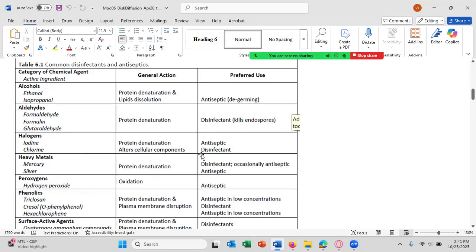Heavy metals like mercury and silver were not used for a while in medicine, but their use has come back because of the resistance of bacteria to antibiotics and other antiseptics.